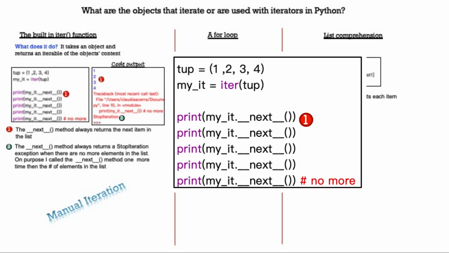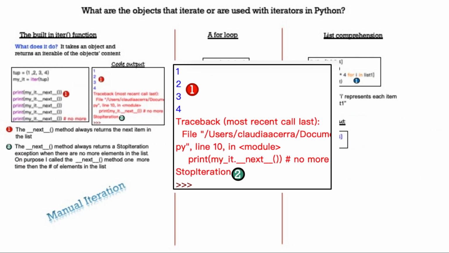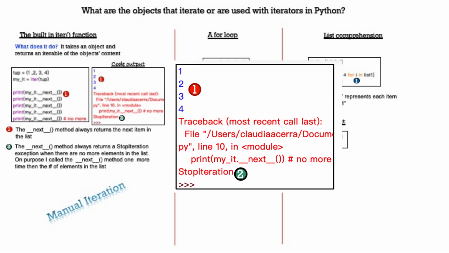The next method, as you'll remember, always returns the next item in the list. The next method also raises that StopIteration exception when there are no more items in the list to go through. So you see in the output of the code, with our successive print statements, it prints 1, 2, 3, and 4. And I purposely printed a 5th where I knew it would fail, to show you that it raises that StopIteration error and says, hey, there's no more here.